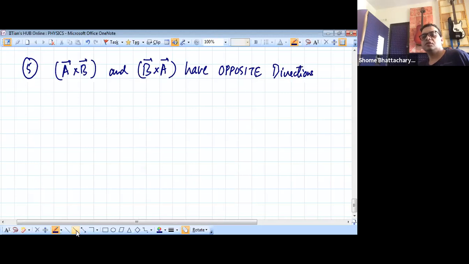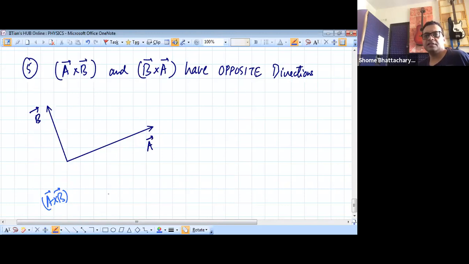So for example, if this is the vector A and this is the vector B, in the case of A cross B, how will we have to orient our hand?